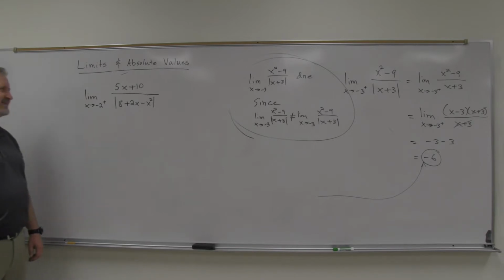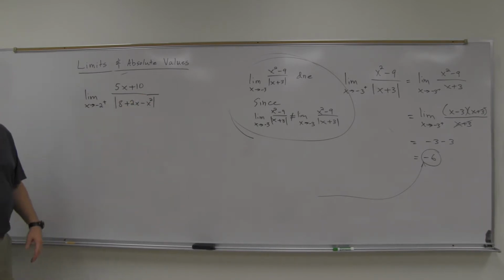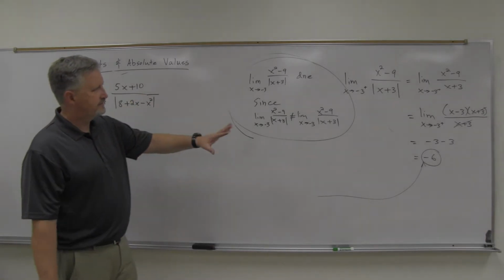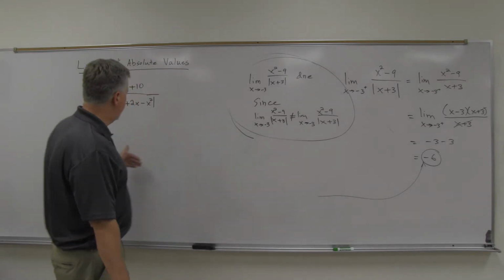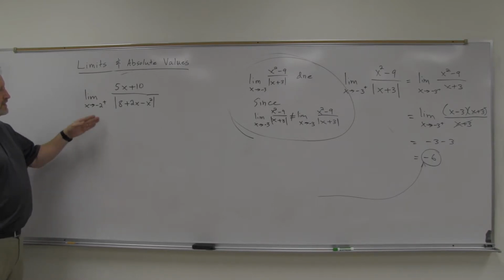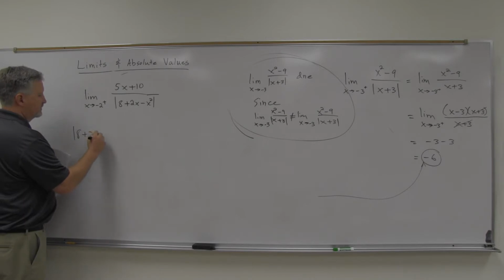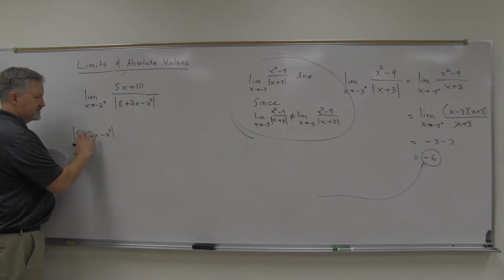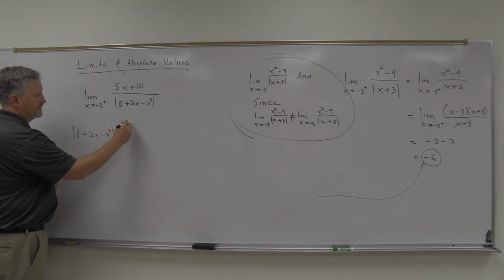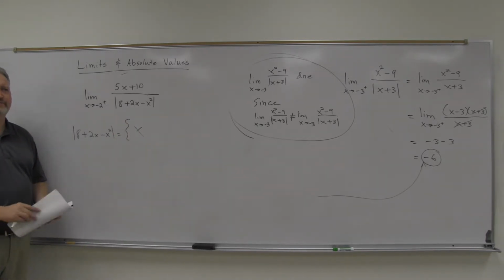Okay. When these absolute values get a little more complicated, you may not necessarily want to write out what that function is. I don't necessarily have to write that whole thing out.